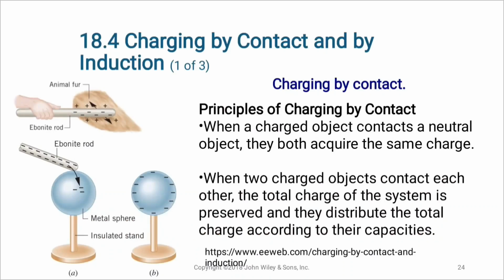Next, charging by contact and by induction. There's a big difference between the two, so allow me to discuss charging by contact first. The principle is that when a charged object contacts a neutral object, they both acquire the same charge.